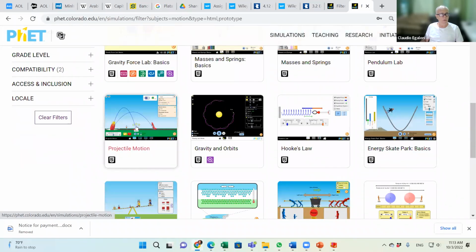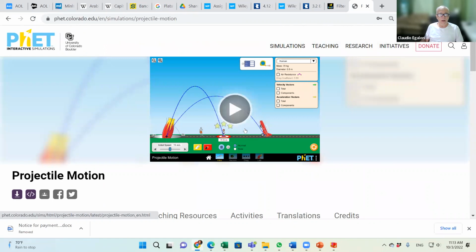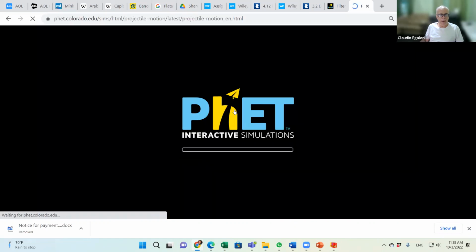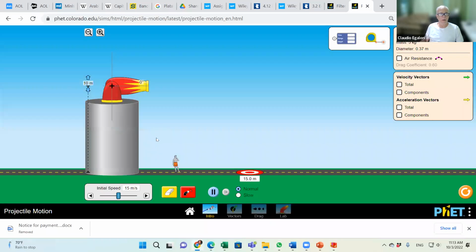Oh, projectile motion. We just finished projectile motion, right? Let's take a look in this simulation here. Here you go. Introduction.